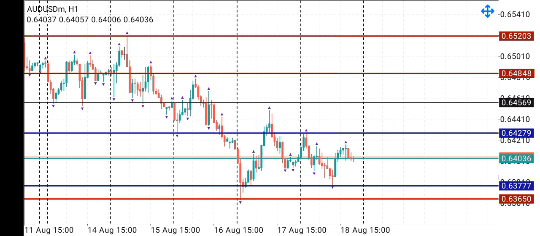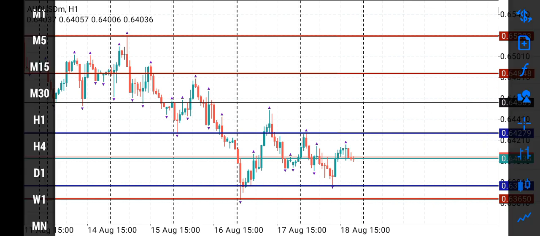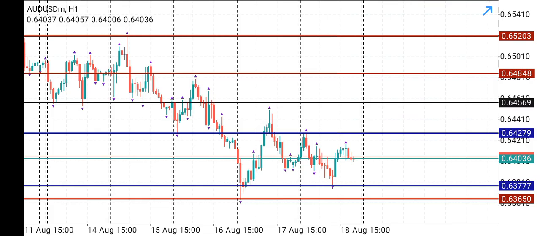I'll be waiting for price to either tap here and push down, or tap here, clear this liquidity here and push down, or tap here and push down, or still go high to this monthly high before coming down. So these are the areas I'm working on this 1 hour. This is where I'm getting my information from.